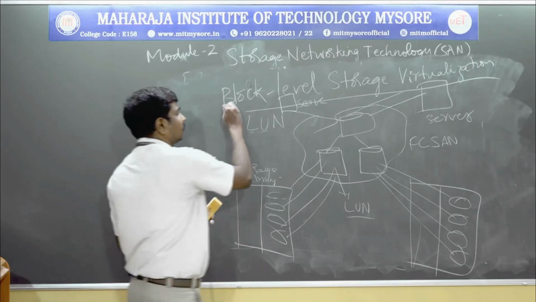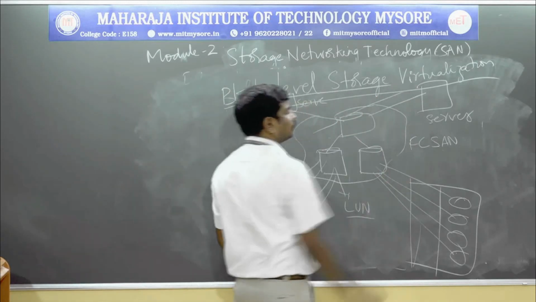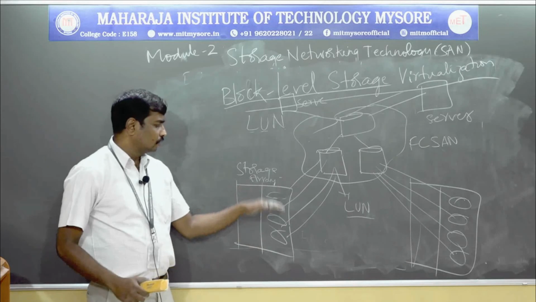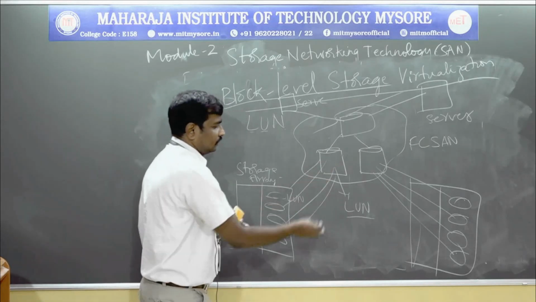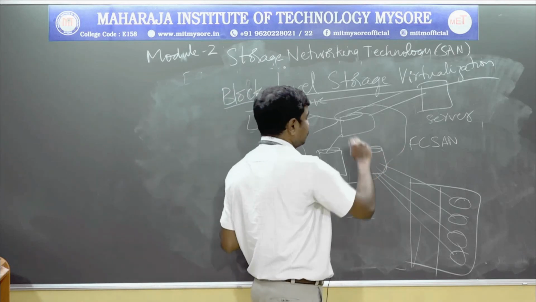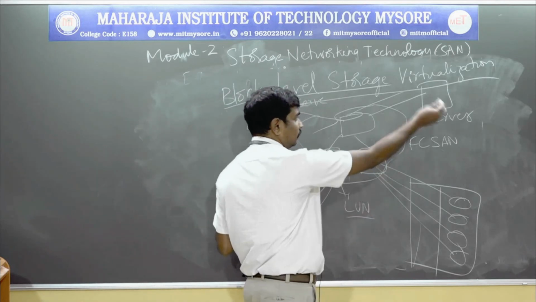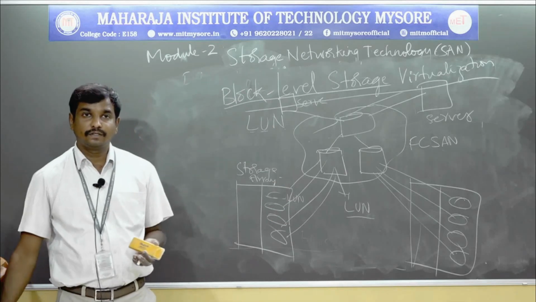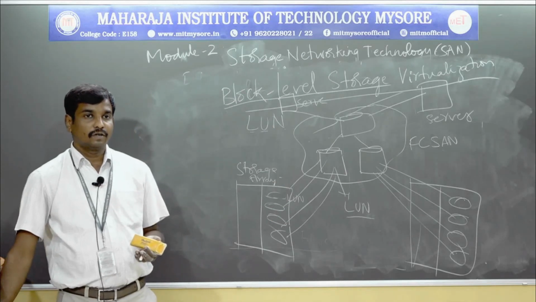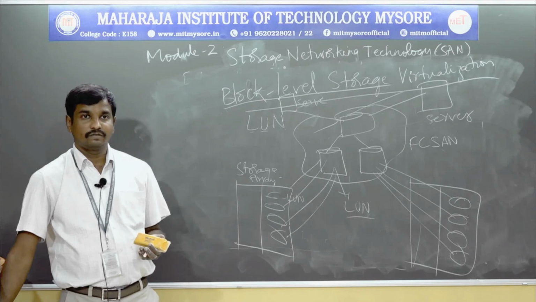Such a thing is called block level storage virtualization. A group of storage area networks sharing information in the network layer for extending services is called a block level storage area network.